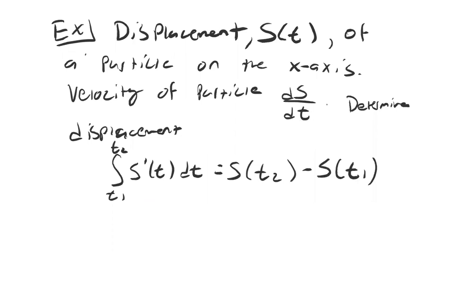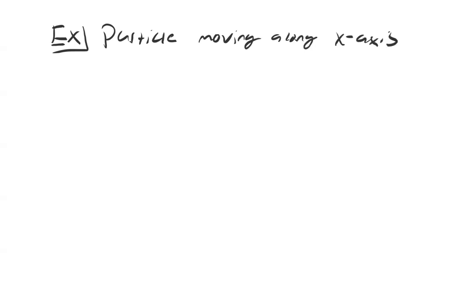Cool. So let's do a couple. I think we're just going to do one example with two parts and then call it a day. All right. So we have an example. We have a particle moving along the x-axis with velocity.